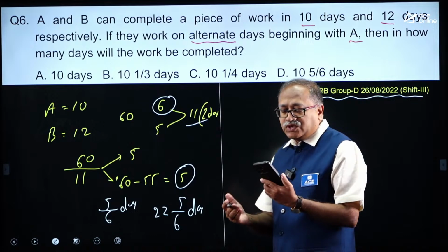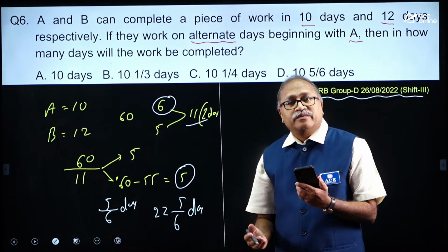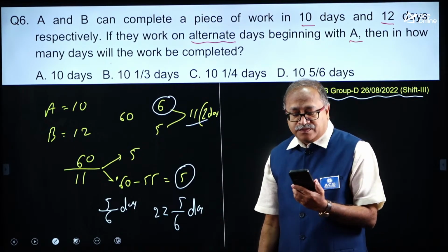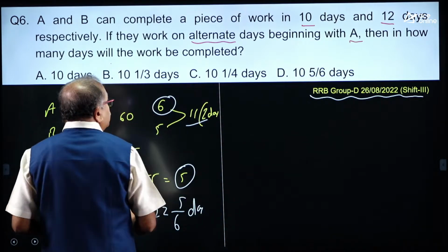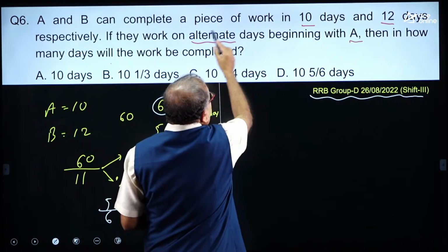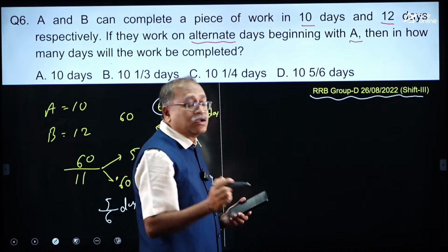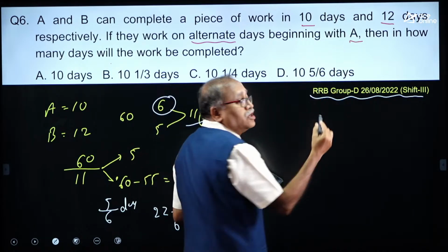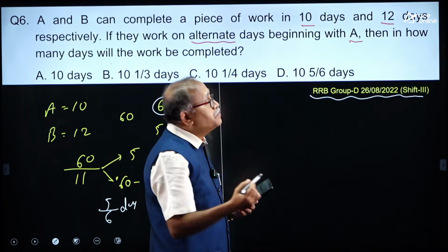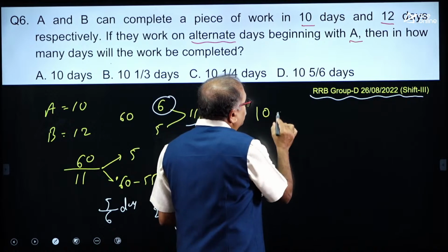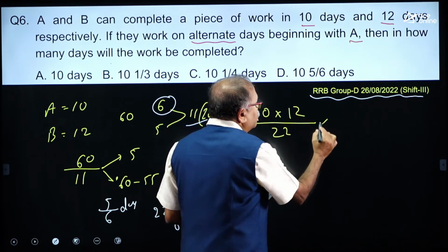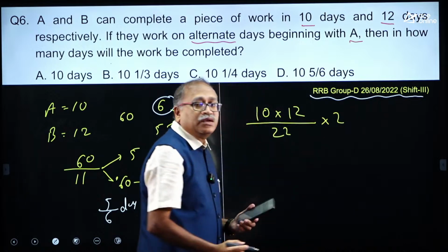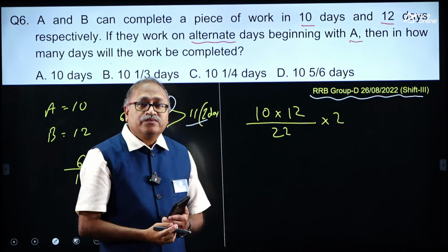I am sure you must know this one, but we will change the method. And how do we change the method over here? Look at this part. If they work together, then use the AB by A plus B formula. So that comes to 10 into 12 by 10 plus 12, that is 22, and they are working alternate days, into 2.